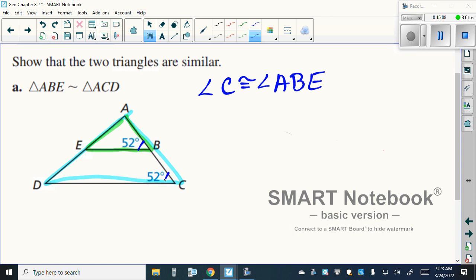These two angles are congruent in both triangles, yes? Is there any other angles that are congruent in both? There is one that they both share.